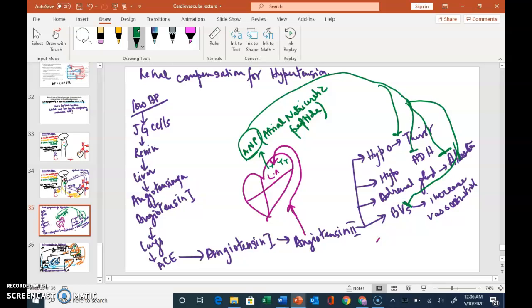So it will inhibit every single thing that is affected by angiotensin II. Therefore, that will help to lower blood pressure eventually. All right, so that was all about hypertension.